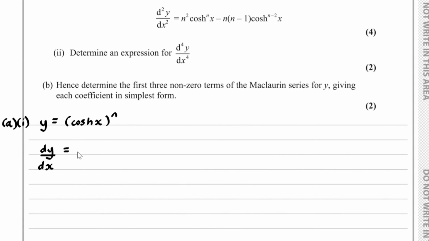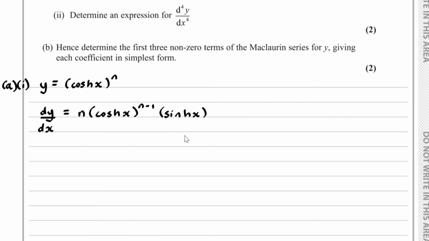I multiply by the power, and then I subtract 1 from the power and multiply by the differential of the bracket, which is sinh x.